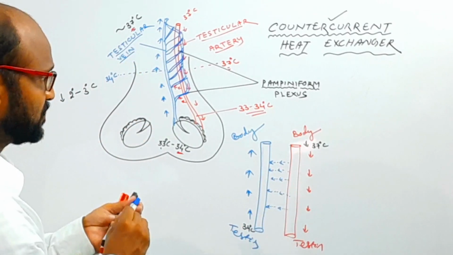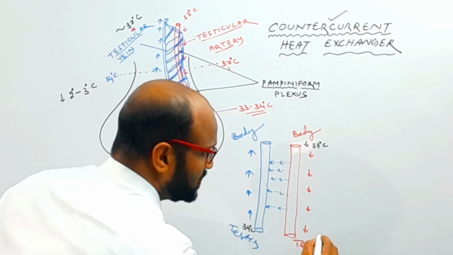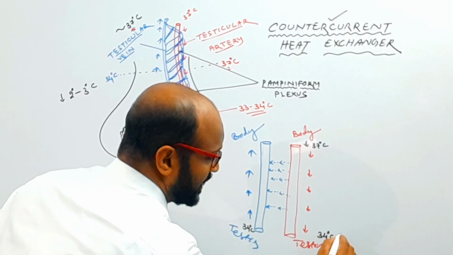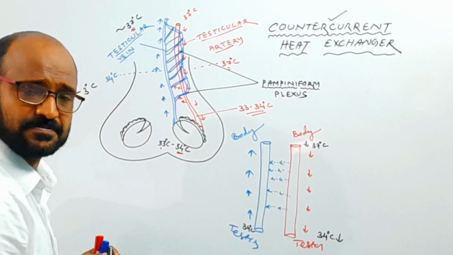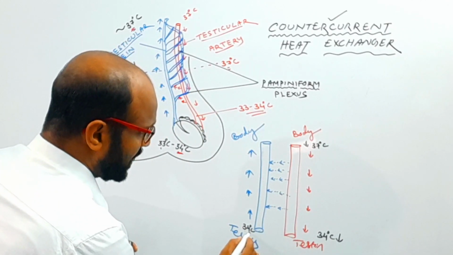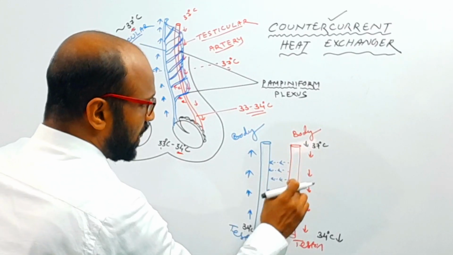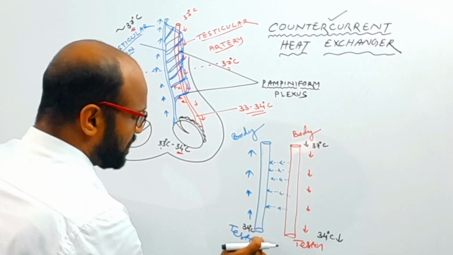That's why the 37 degree temperature is reduced to 34 degrees centigrade.